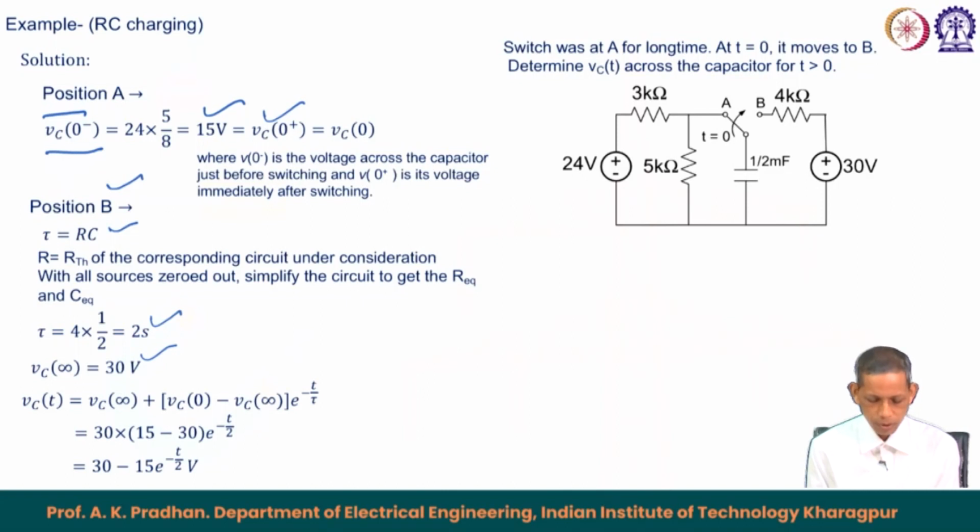Substituting this, we get VC(t) equals 30 minus 15 e to the minus t by 2 volt. This is the expression for VC(t). From VC(t) you can find the current through the capacitor, the current through the resistor, the voltage across the resistor, and all other aspects for t greater than 0.